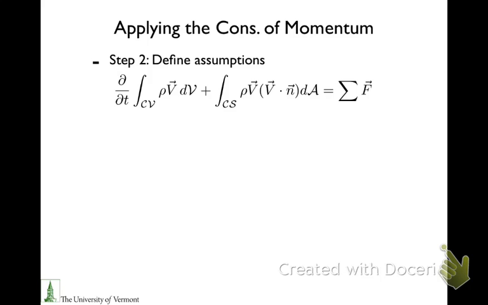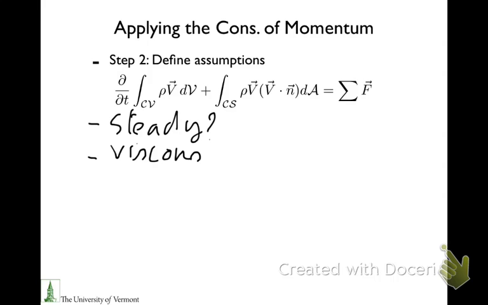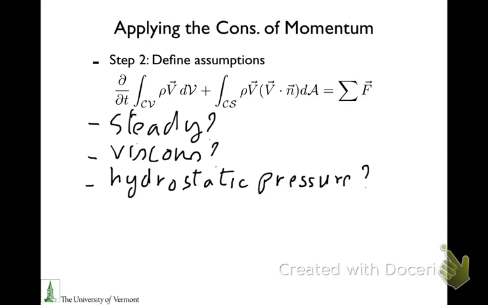Now, define your assumption. Well, the usual suspect is: is the flow steady? Is the flow viscous or inviscid? Viscous, so steady, viscous. Does the hydrostatic pressure matter? Meaning that if you're dealing with water, do we have a height of water that is big enough that we need to consider the linear variation of pressure with depth?